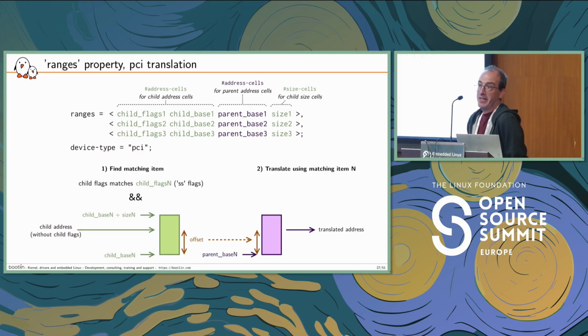The first one, the flags need to match, and as previously, the address has to be in the range of the item. If it matches, as before, we compute the offset and apply it on top of the parent base in order to have the translated address.